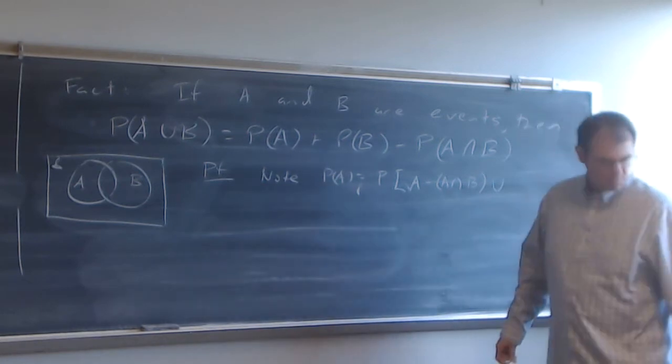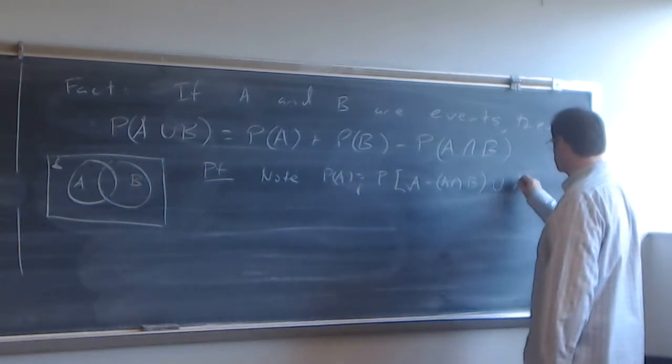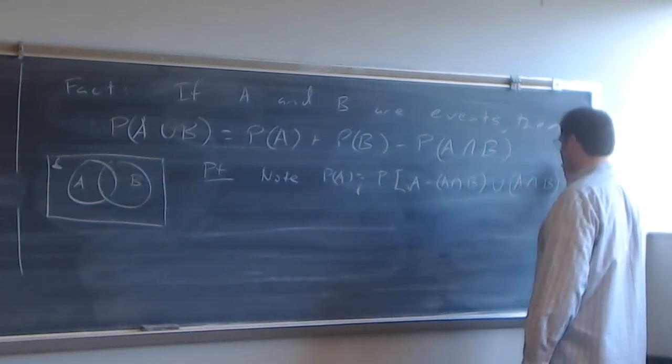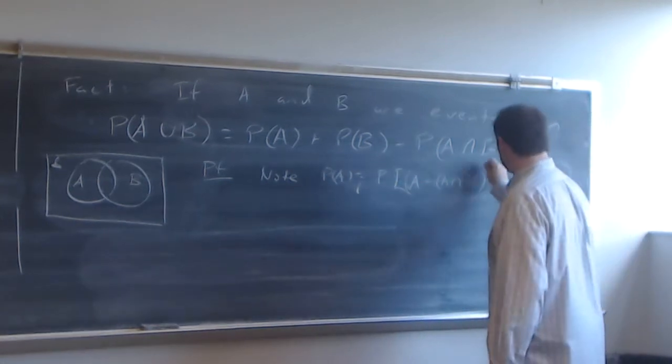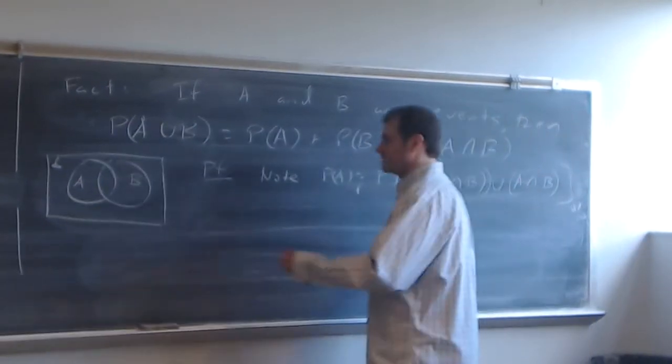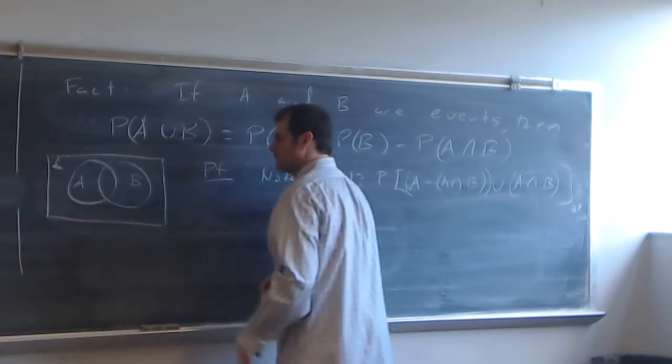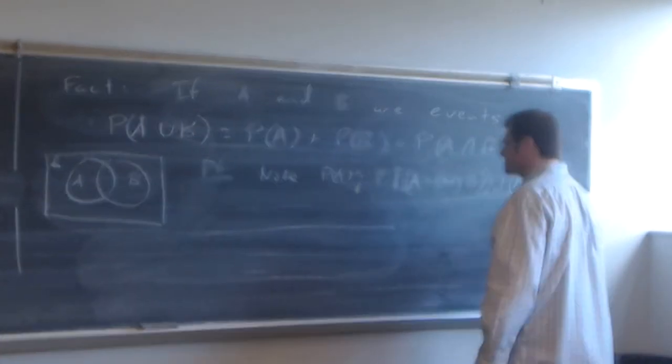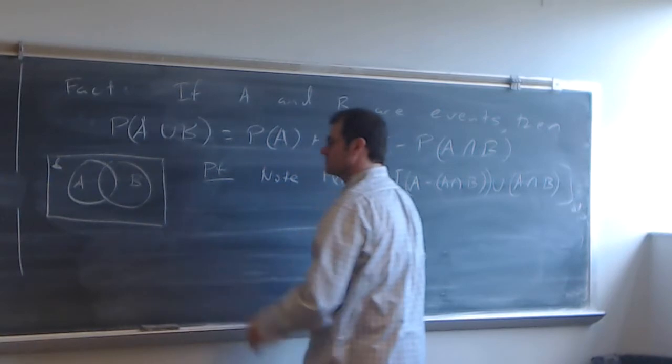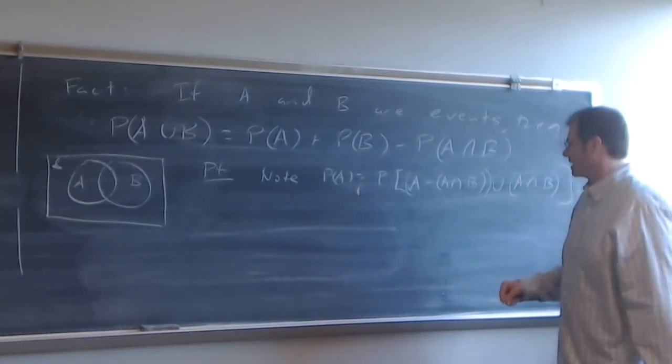So that's the way that I'll look at it. A minus A intersect B is just this part of A. And then we add to that A intersect B, this part of A. And so that's what A is.